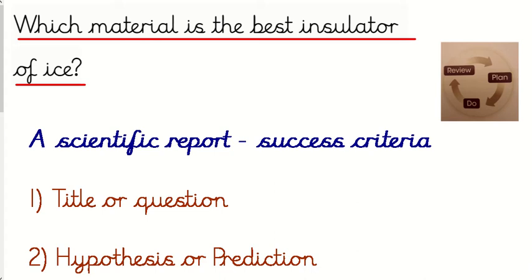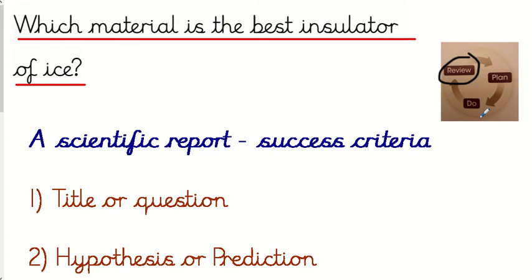And so today, we are on to the review section of our cycle. We've already planned and we've already completed our experiment. Now, as a scientist, you'll be required to write a scientific report. And a scientific report is how scientists share their findings.